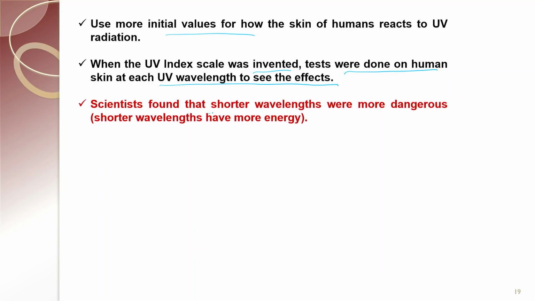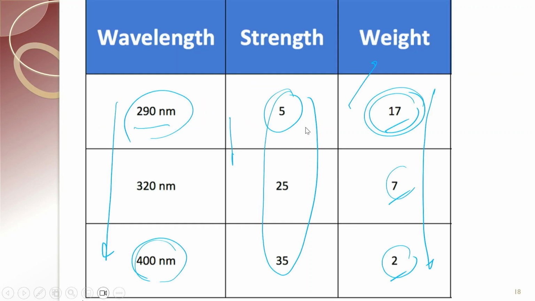Scientists found that the shorter wavelengths were more dangerous, because the shorter wavelength carries more energy, as we have discussed. So, they affect the human body more, and that is why a higher weightage is given here.